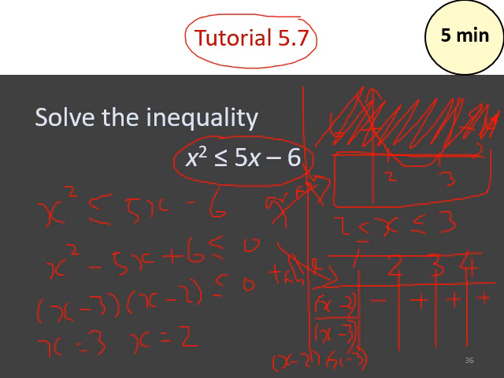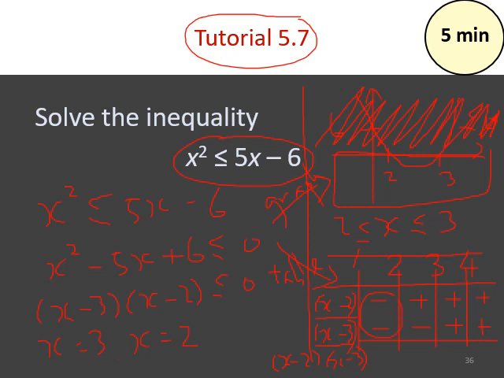Okay, next, x minus 3. When we replace with negative 1.5, we have negative. We replace 2.5, we have negative. When we replace 3.5, we have positive. We replace with 4.5, we have positive. Now we're going to sum it up.